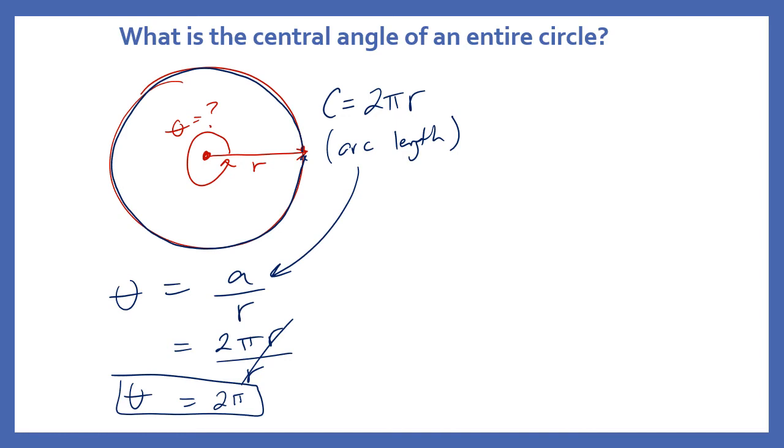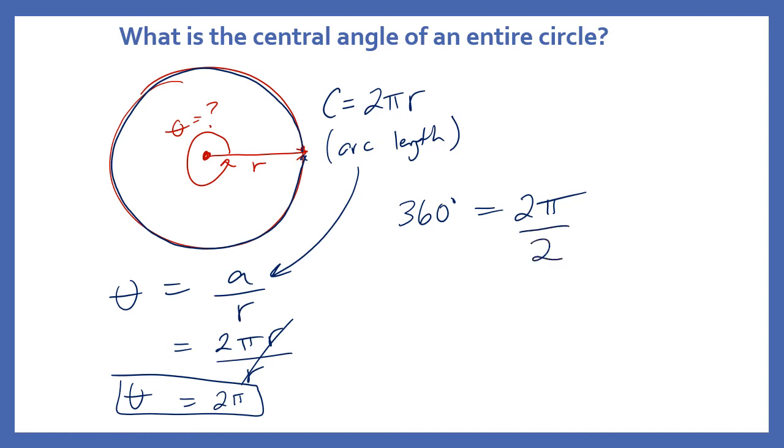I know that in one circle there's 360 degrees. I also now know that in one circle there are 2 pi radians, which, if you're wondering where I got 6.28 from before, 3.14 times 2 is 6.28. So one full circle is 360 degrees, and it's also 2 pi radians.